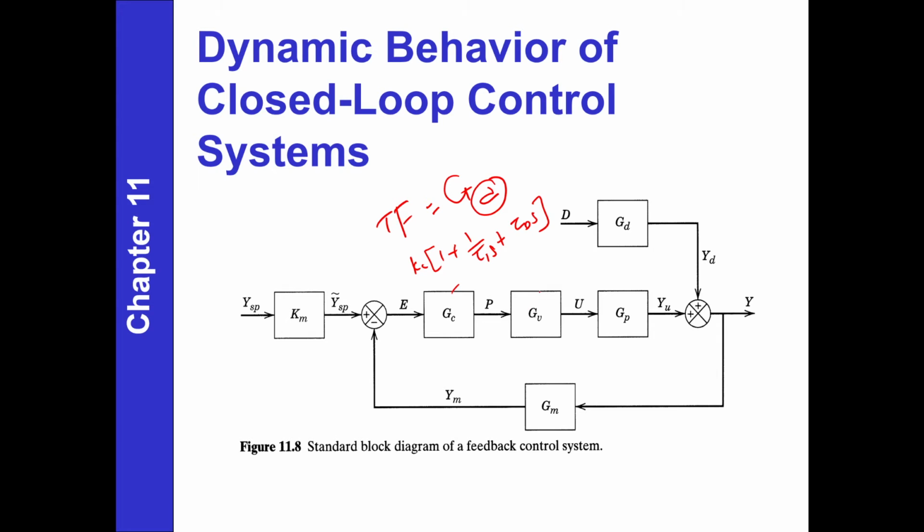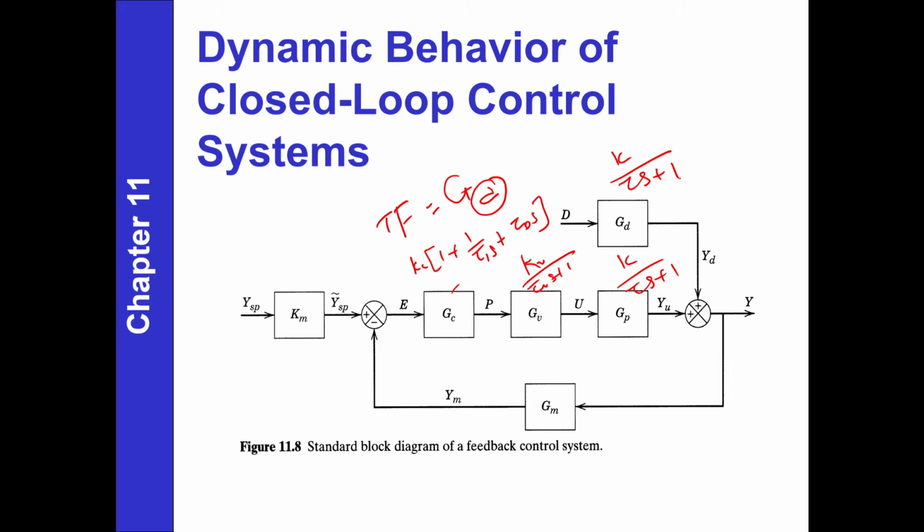Then we have a valve here. It could be first order, so we have KV over tau V S plus 1. Then we have a transfer function for the process, K over tau S plus 1. The same goes for the transfer function for the disturbance, K over tau S plus 1.